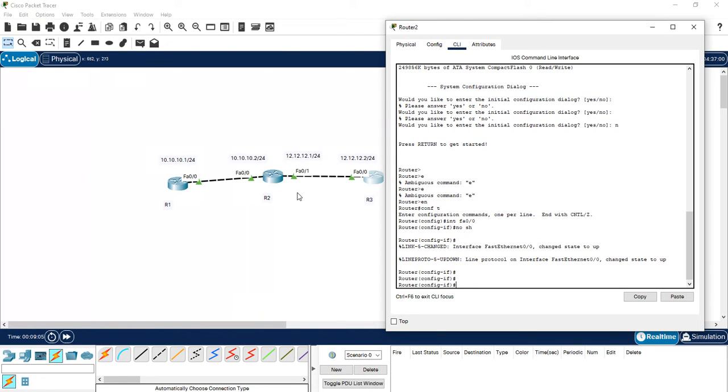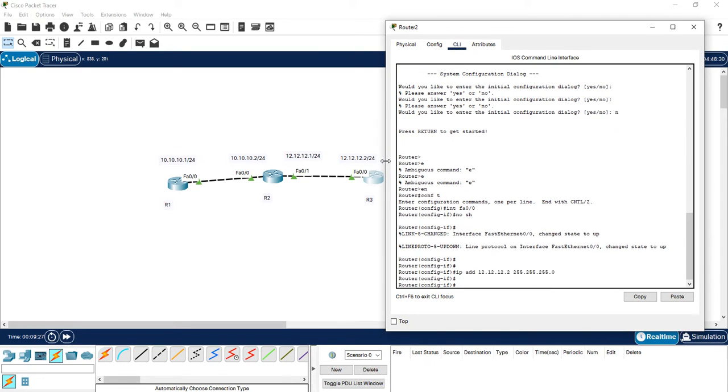The green light means the router is already on. So we put the IP address on interface fast Ethernet 0/0. The IP address is 12.12.12.2. The subnet mask is 255.255.255.0.